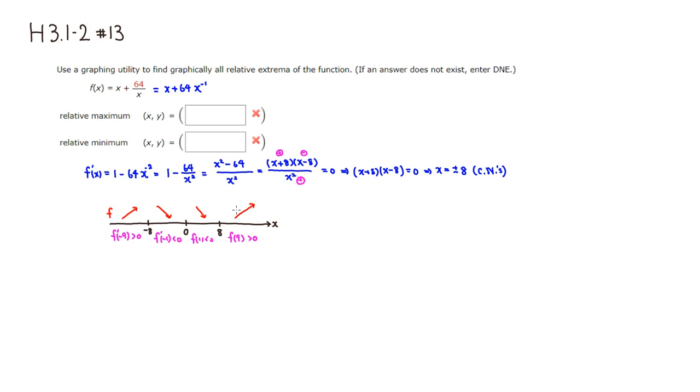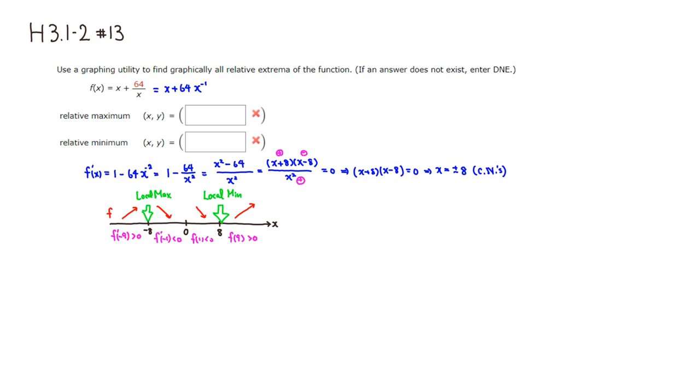So using the first derivative test, at this point increasing turns into decreasing, so this is going to be a local maximum there. And here it's decreasing turning into increasing, at the bottom of the valley, so it's going to be a local minimum, or a relative minimum.